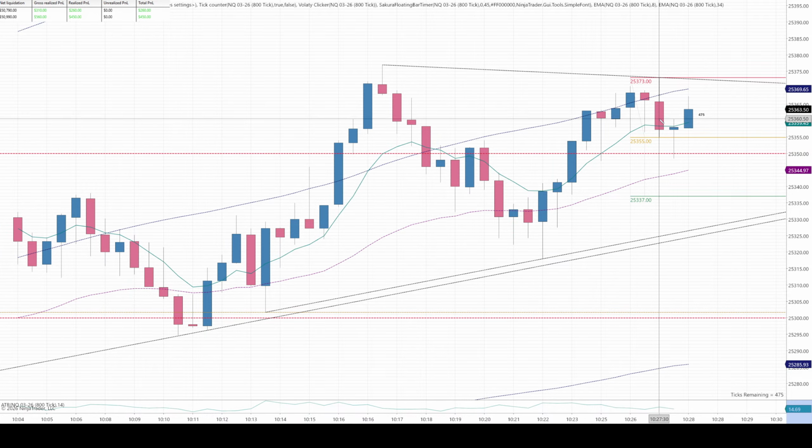Now we have a bullish signal here as well, bouncing off of 350, and so we have two trades going on at the same time, and that's confusion. So it's better to just sit on your hands and wait and see what it wants to do.